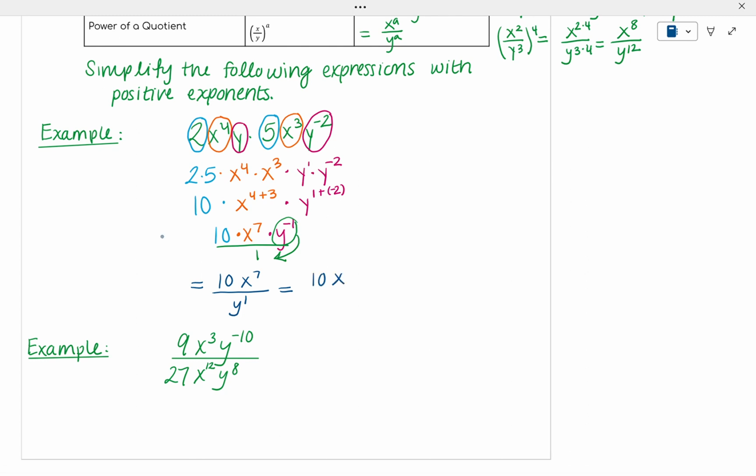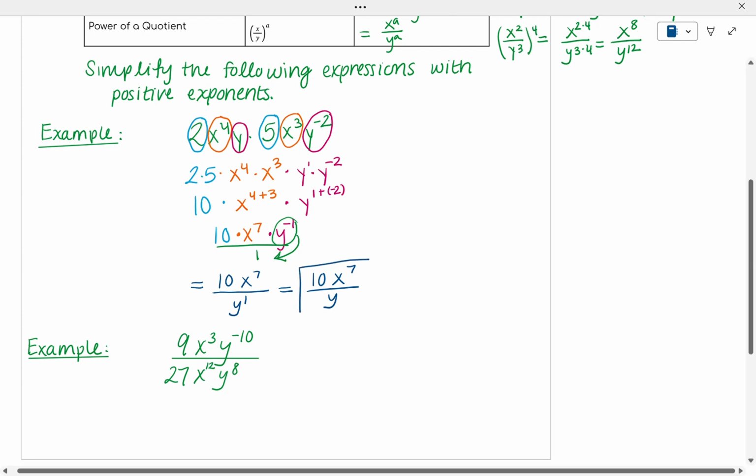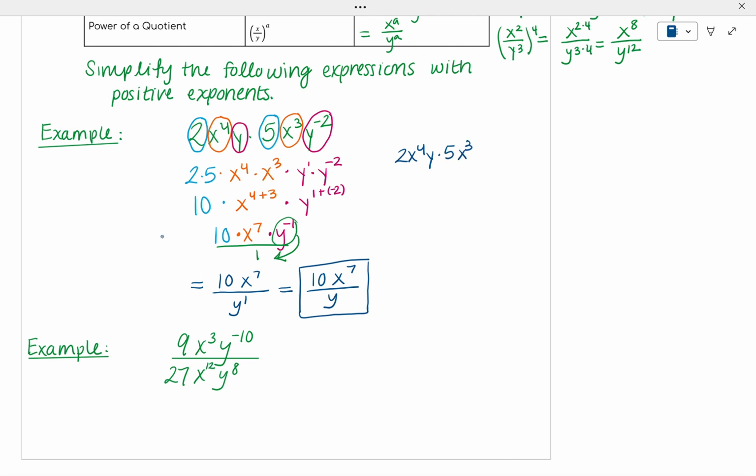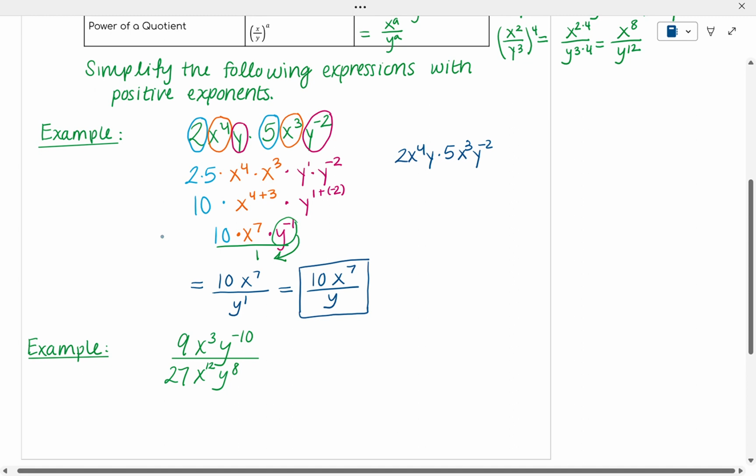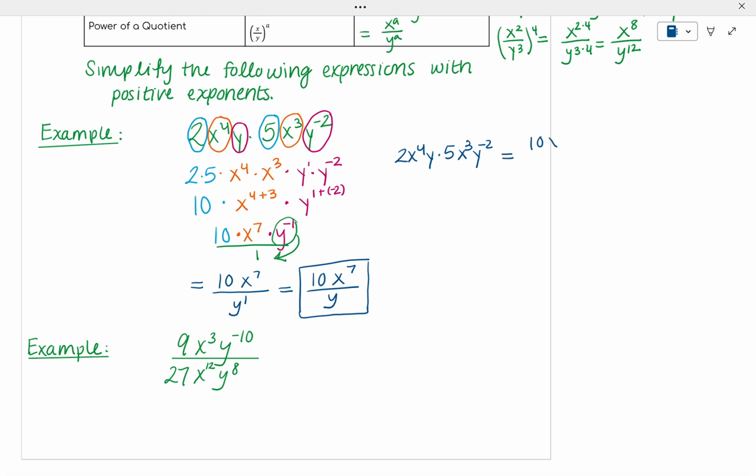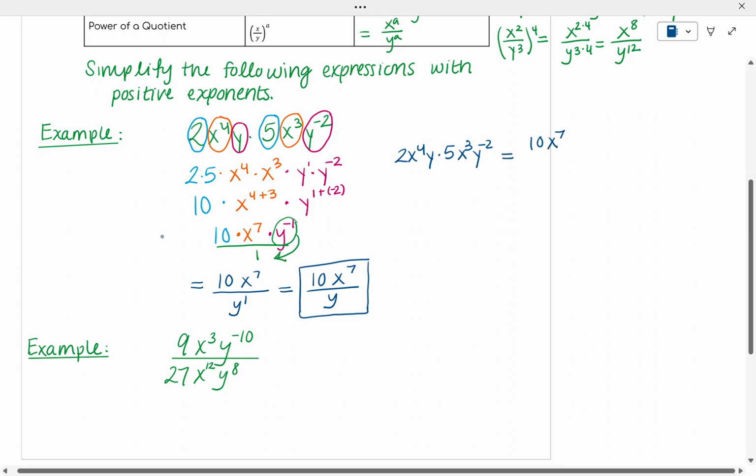So this is 10 times x to the 7th power over y. This is the final simplified version. So we can say that 2x to the 4th y times 5x cubed y to the negative 2 equals 10 times x to the 7th over y.